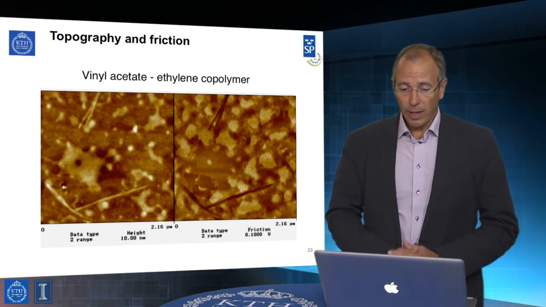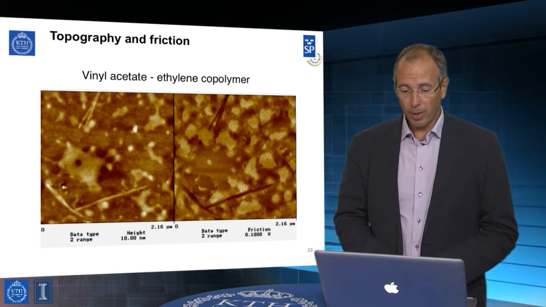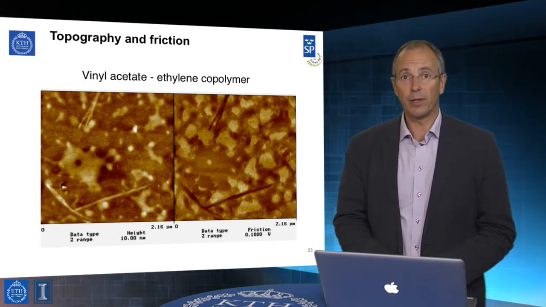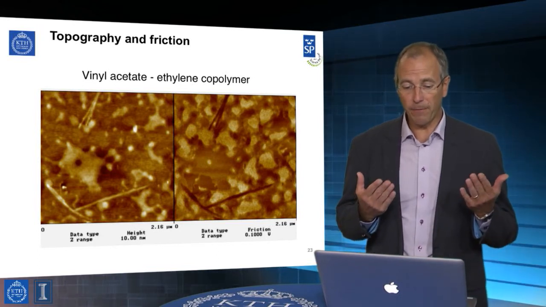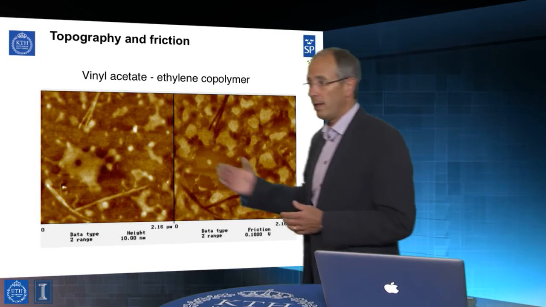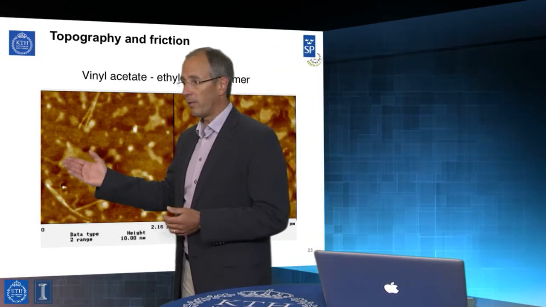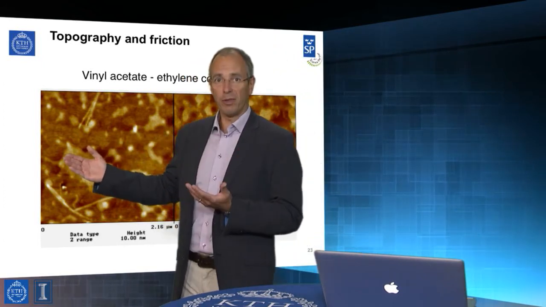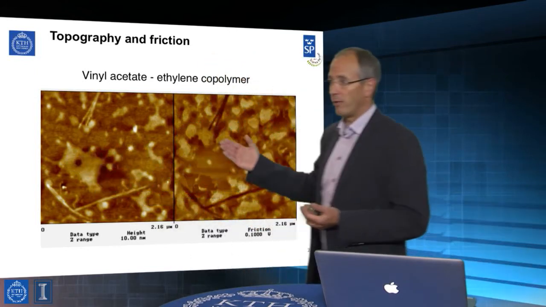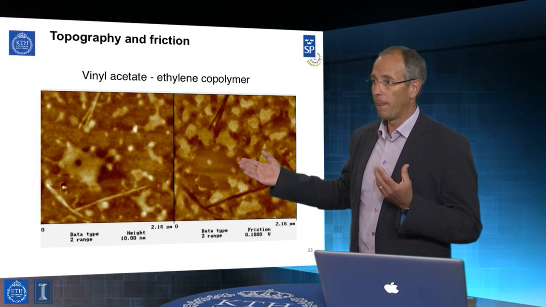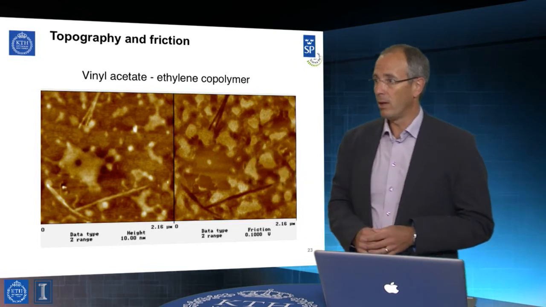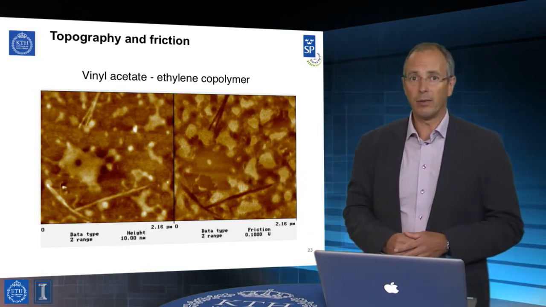So here's, once again, a vinyl acetate ethylene copolymer. The left-hand image is the height image. The right-hand image is a friction image. So you can see that the features that you see over here in the topography are not just topographical aberrations. They actually reflect differences in the chemistry, because you can see that the frictional force is different where the height differs.